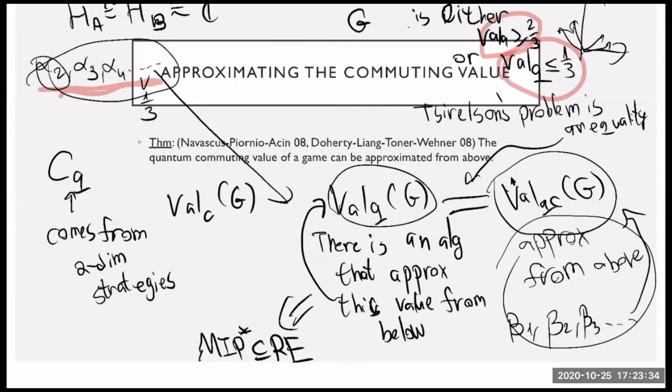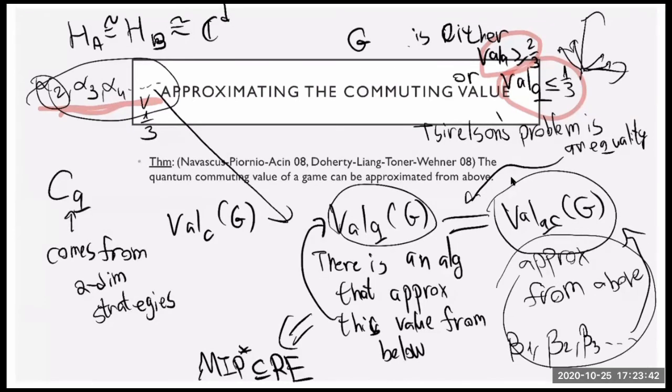This means that MIP*, if you can approximate the quantum value both from below and from above, you can distinguish between greater or equal to 2/3 and smaller or equal to 1/3. This means that any problem in MIP* is decidable, because you can approximate the quantum value, and you will converge to the correct value.